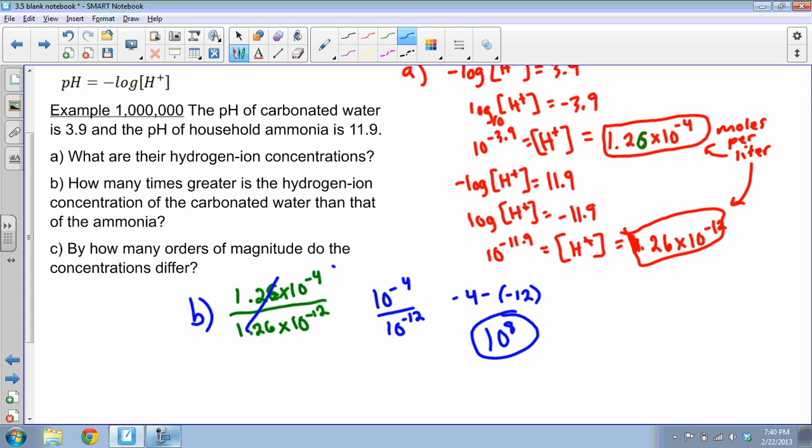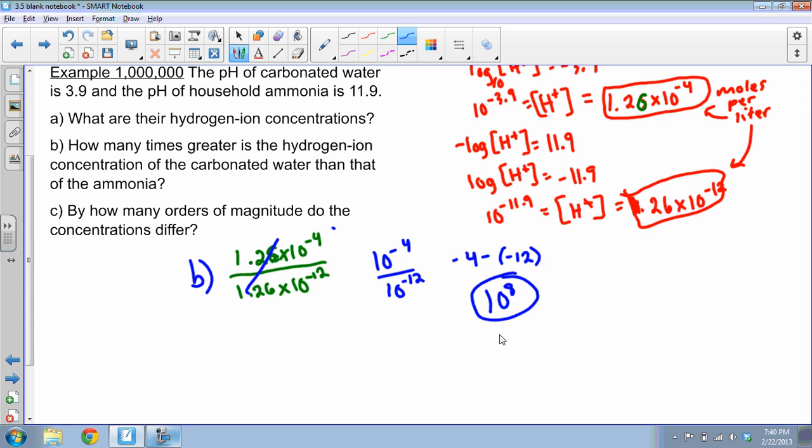It's 10 to the 8th power times greater. And part C says by how many orders of magnitude do the concentrations differ? We can get that answer actually one of two places. We just said it's 10 to the 8th times greater, which means that it's 8 orders of magnitude greater.